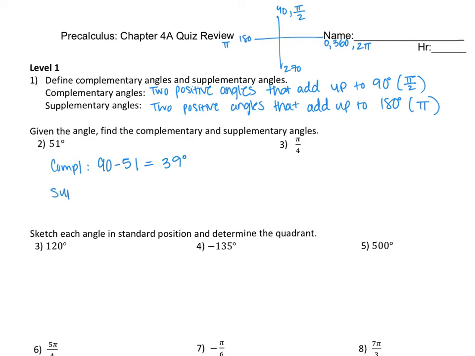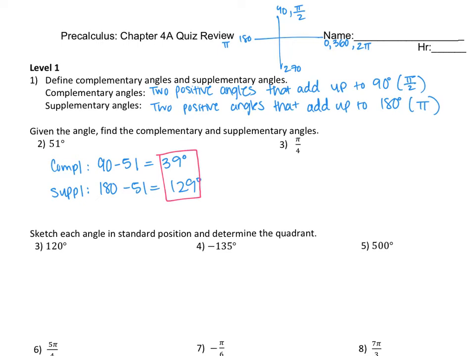For supplementary angles, I take 180, because two angles add up to be 180, subtract 51, and get 129 degrees. And this here is my answer.